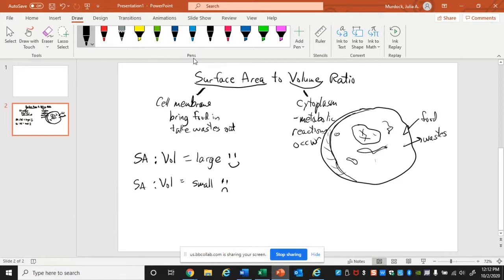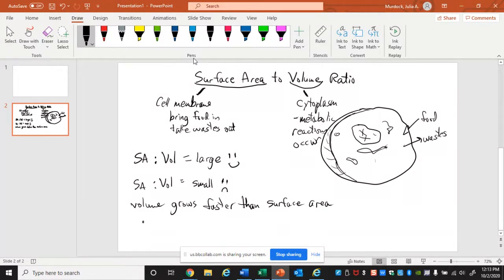That's just a mathematical reality. The bigger the cube, the smaller the amount of surface area there is compared to the volume inside. Volume grows faster than surface area. I'll write that down. Volume grows faster and larger than surface area.